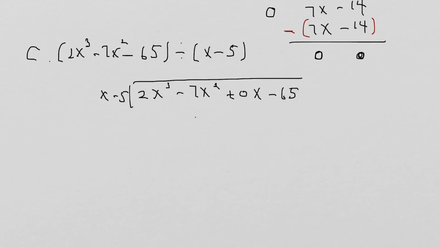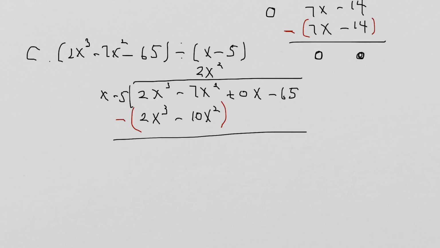And when you're dividing x into 2x cubed, you need to have 2x squared. And when you multiply 2x squared by x minus 5, you get 2x cubed minus 10x squared. We are subtracting.